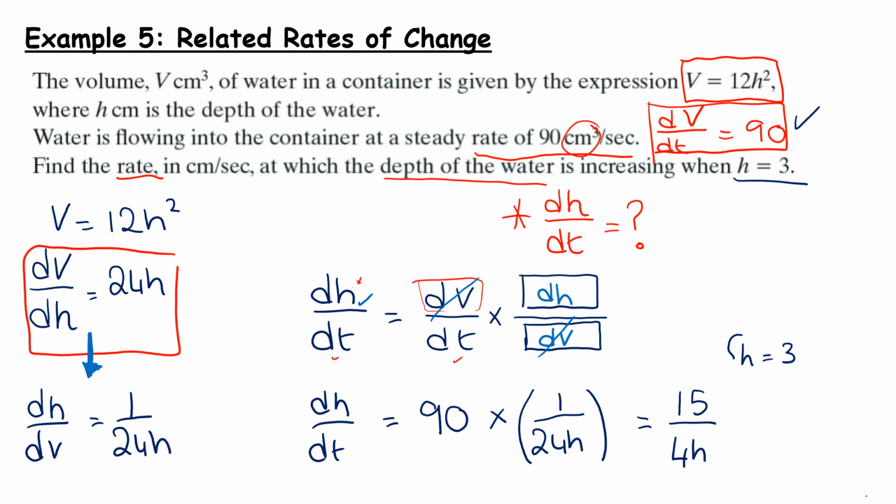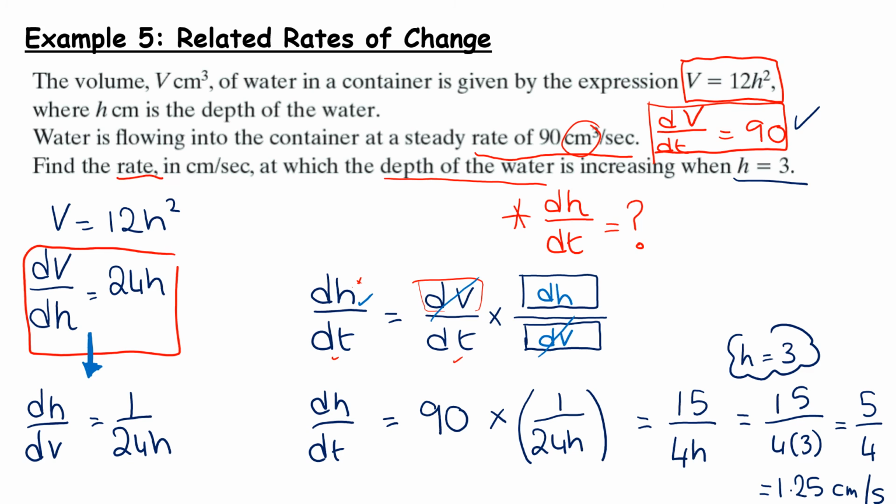So when h is 3, that gives me 15 over 4 times 3, which is 12. So 15 over 12 gives us 5 over 4, or 1.25 centimeters per second.